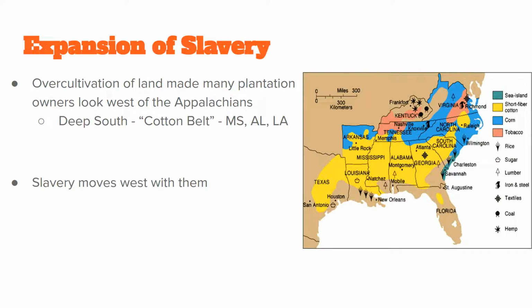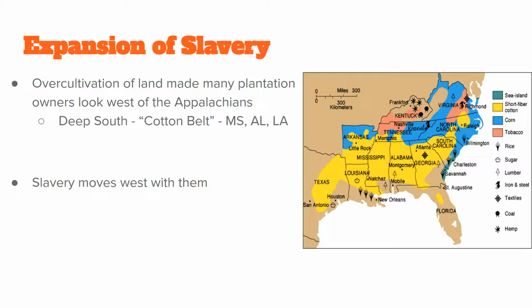So a lot of plantation owners start to move west of the Appalachians into what at this time is called the Deep South: Mississippi, Alabama, Louisiana, Arkansas, Eastern Texas. And as these people move west, the institution of slavery is going to move with them.